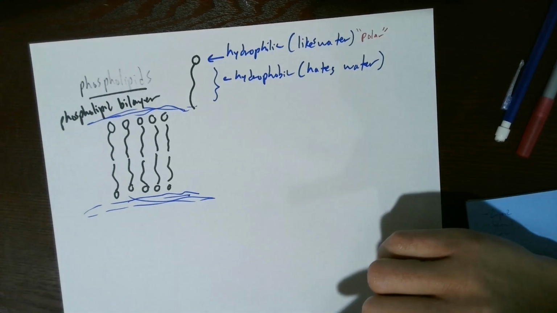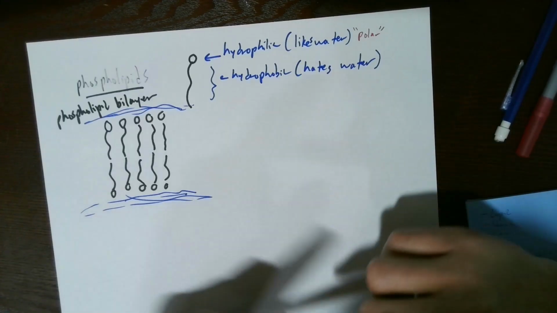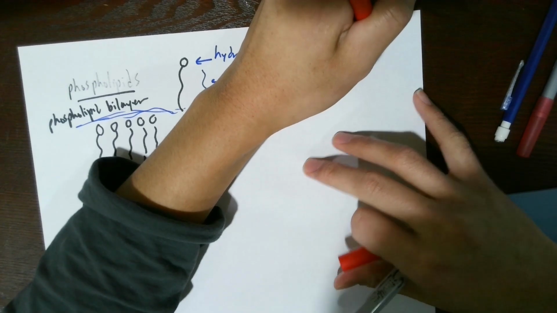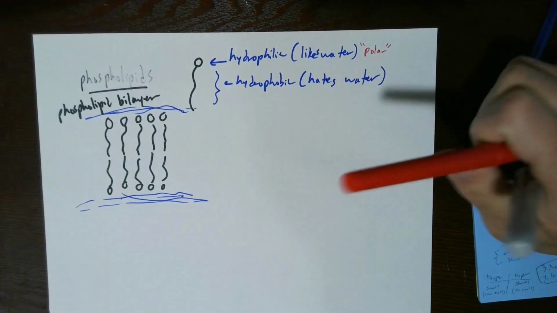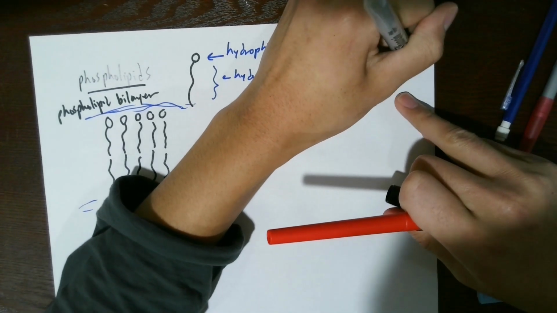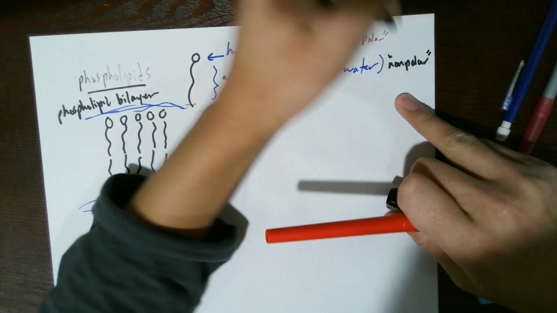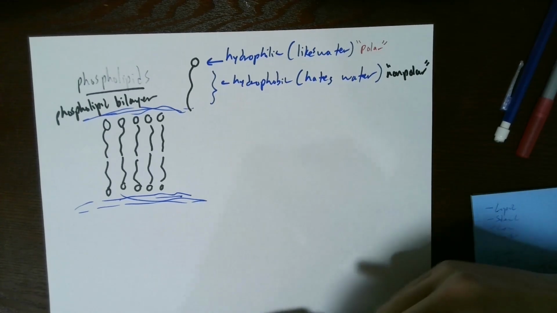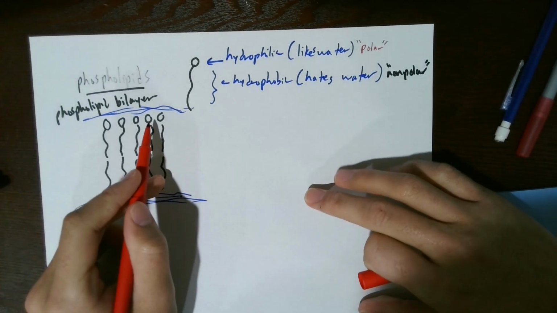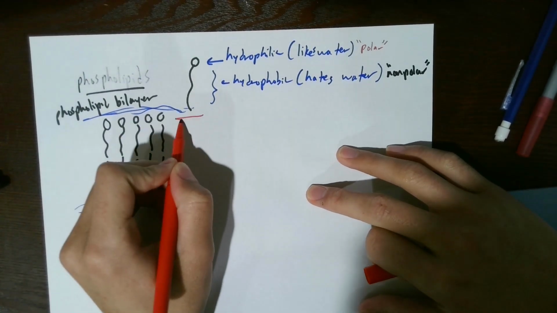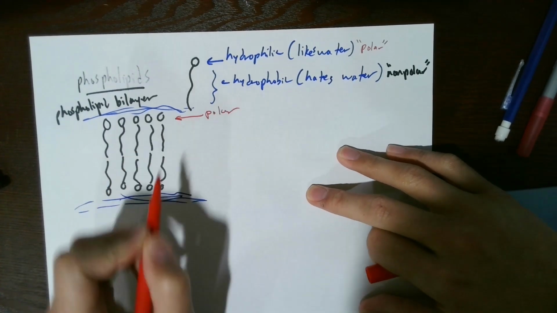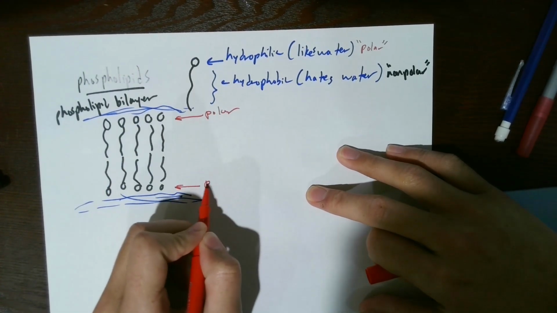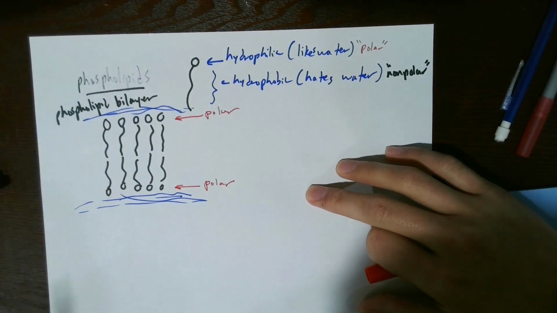And then likewise, if you hate water, that means you're going to be something called nonpolar. I'll write it in a different color. Nonpolar. So, if we look here, we see the heads like water, which means that the heads are polar. And this is polar.